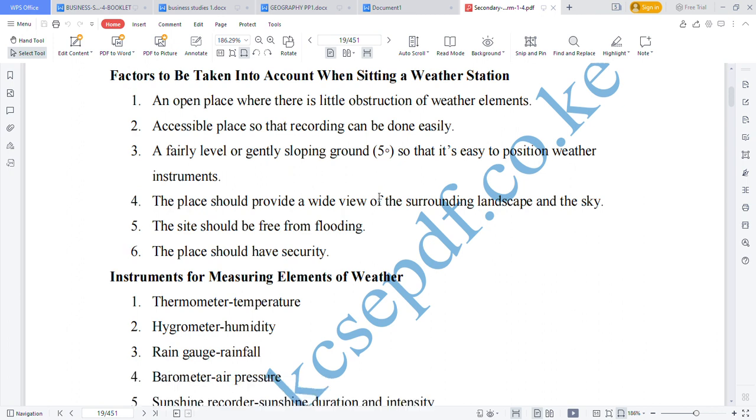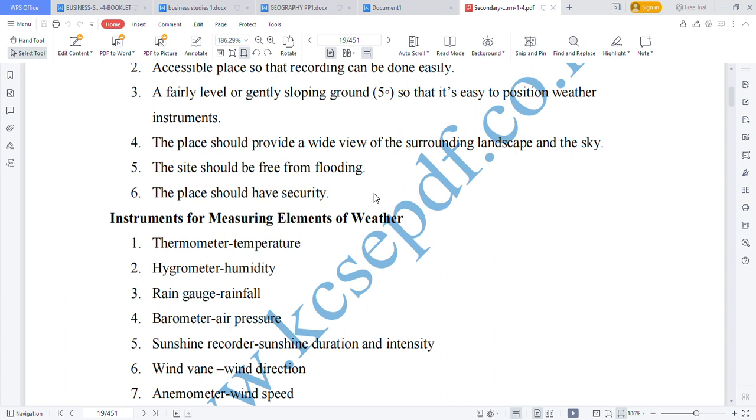Number 3, a fairly level or gently sloping ground so that it is easy to position weather instruments. Number 4, the place should provide a wide view of the surrounding landscape and the sky.